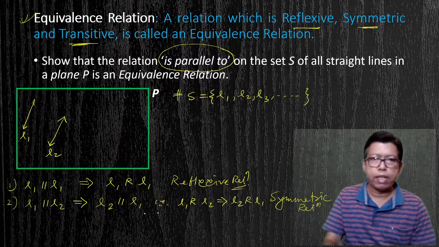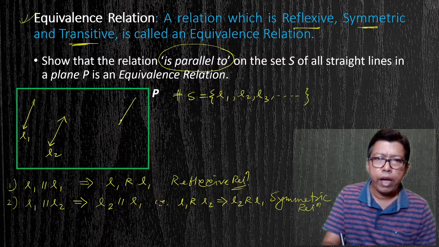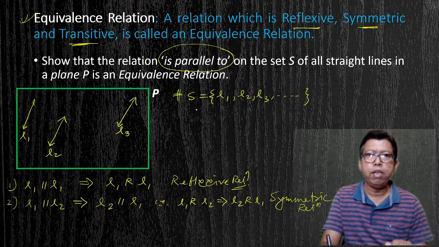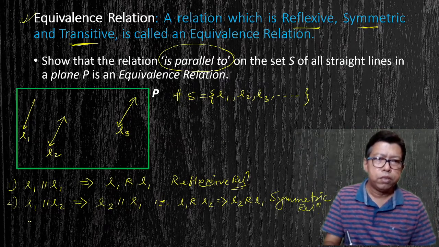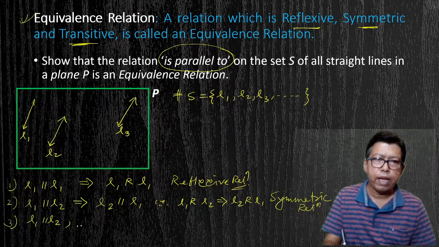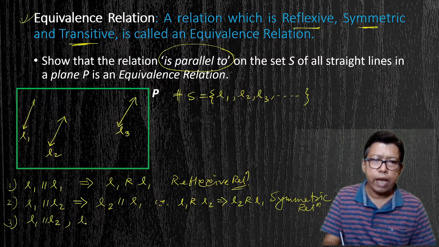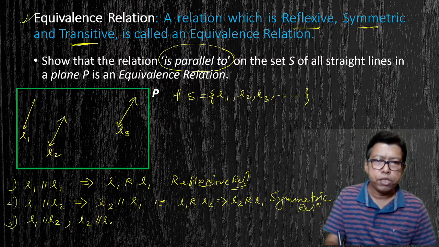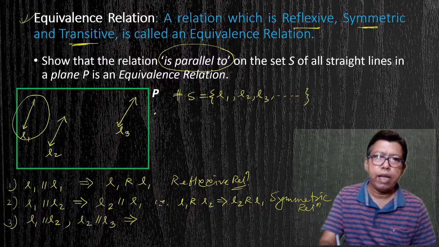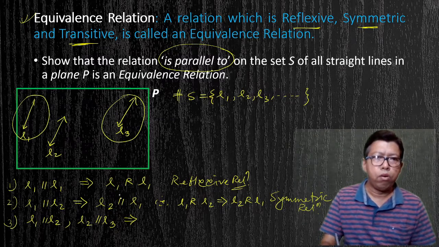Now check for transitivity. You take another line L3, which is an element of set S. Now the third property. You see that L1 is parallel to L2, and L2 and L3 are also parallel to each other. Does it imply that the first line and the last line are also parallel?